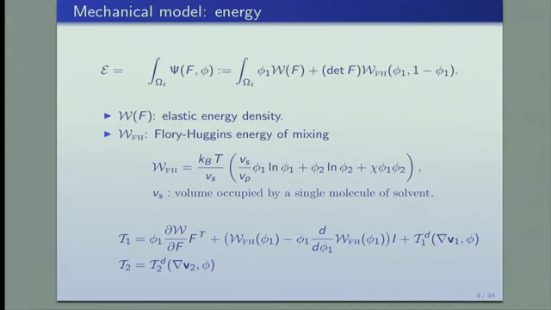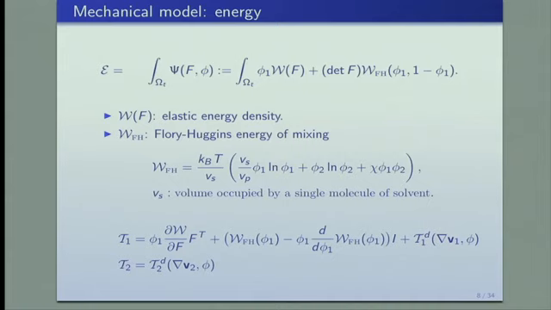This is a term that gives the energy that costs the mixing. This gives, in this case, polymer-polymer interaction, and this gives a fluid-fluid interaction, and normally these are competing. And these are the volumes occupied by a single molecule of solvent, and a single molecule of polymer.